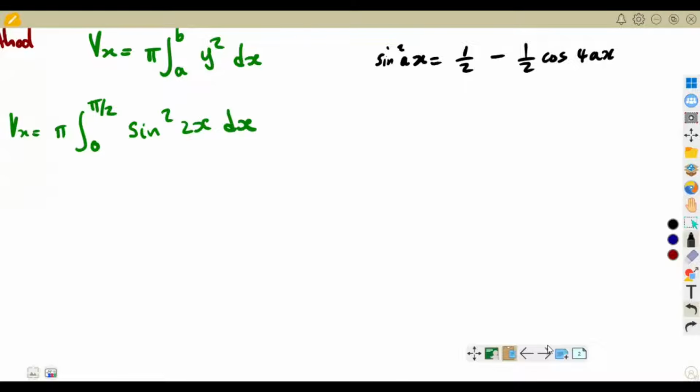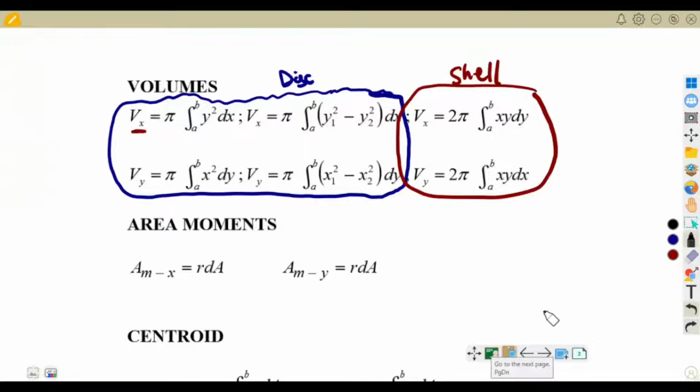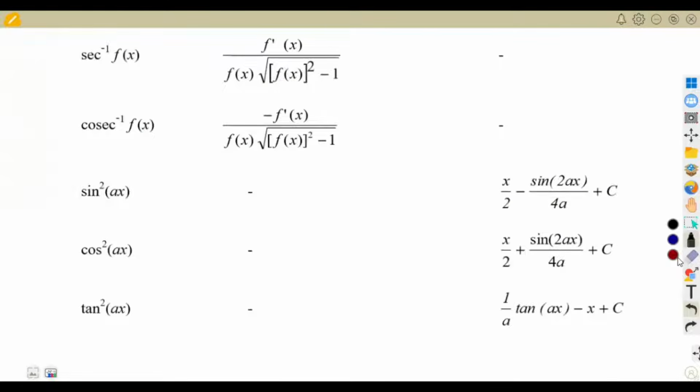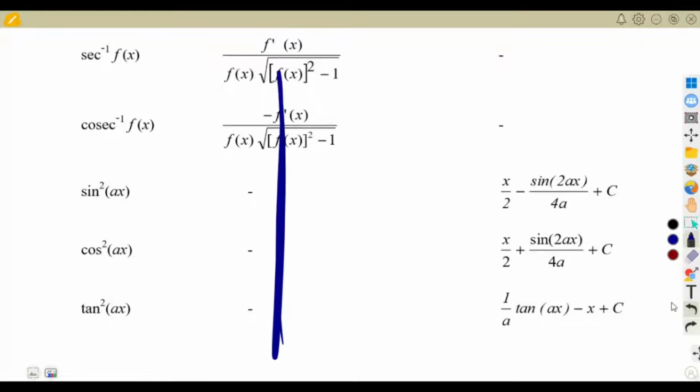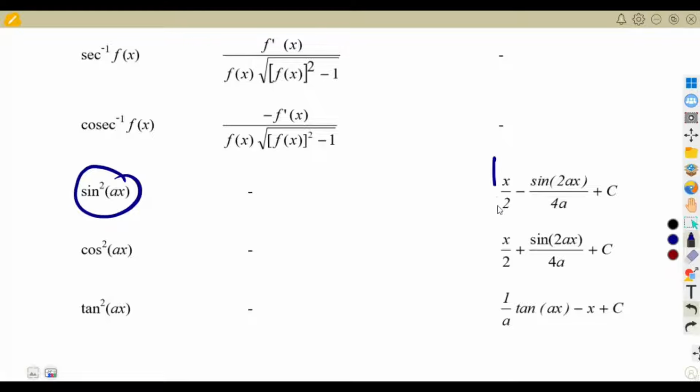So we can use this identity to integrate the sine, or in this case, for sine squared, we can just take our formula sheet. The integral is already there. This is the column for integrals, and these are derivatives here. So they are saying the integral of a sine squared ax is given by this formula. So you can use the formula instead.